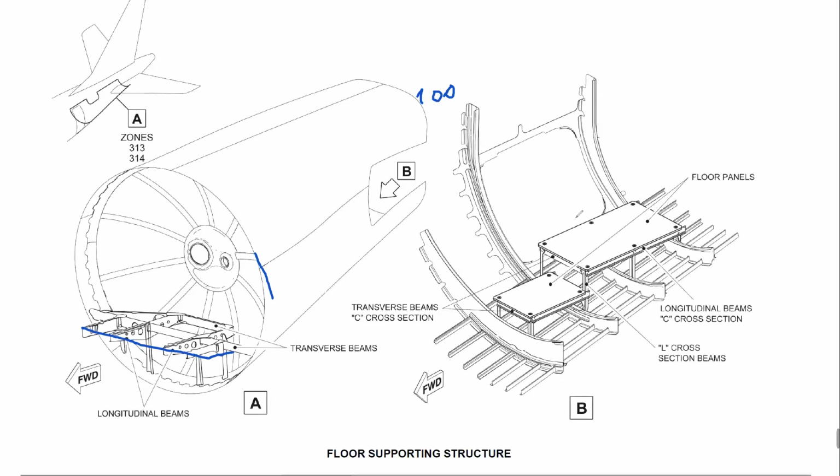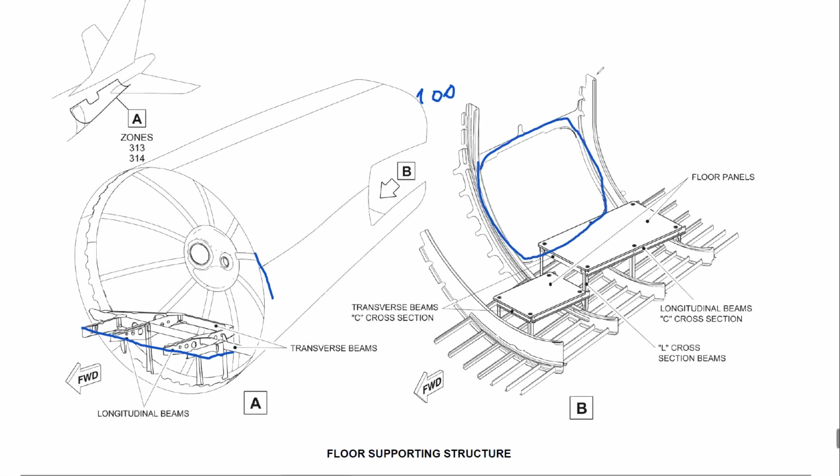We have C and L cross-section beams, which are like secondary support, secondary structure. They're not taking any pressure loads. They're just keeping the loads from our weight, as I said, for maintenance. And also we have one cutout, which is our service door to access the THS compartment.